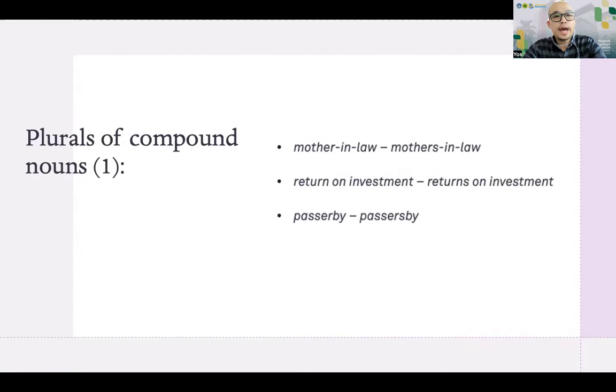Now we have compound nouns. Some nouns are the results of compounding several words, like mother-in-law. In order to make this compound word plural, we add the suffix s at the end of the first word.